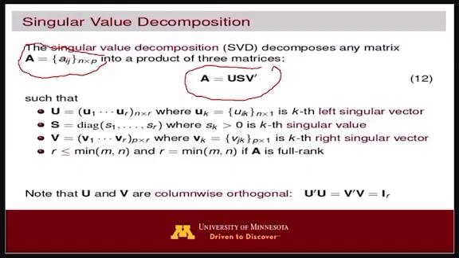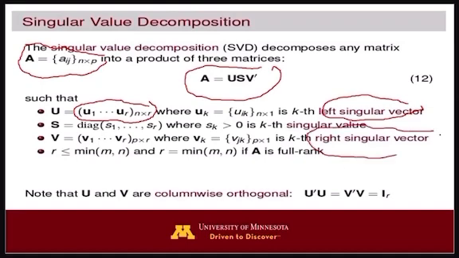Now take a look at this. The U here is another matrix, n by r, and we call that the left singular vectors, and S is the diagonal, and V is the right singular vectors.